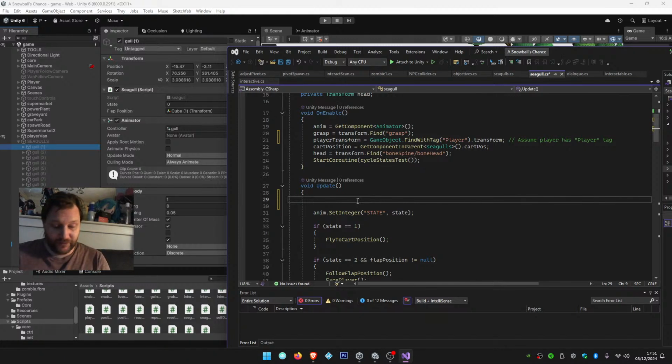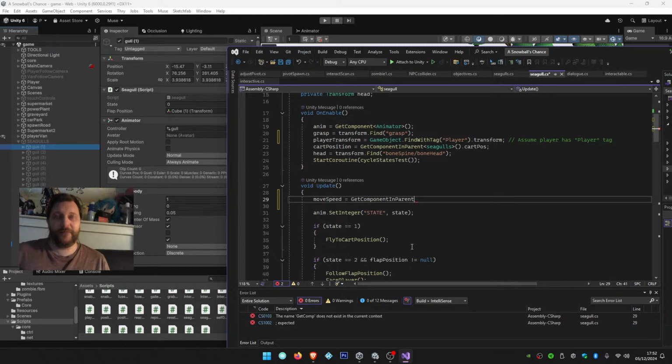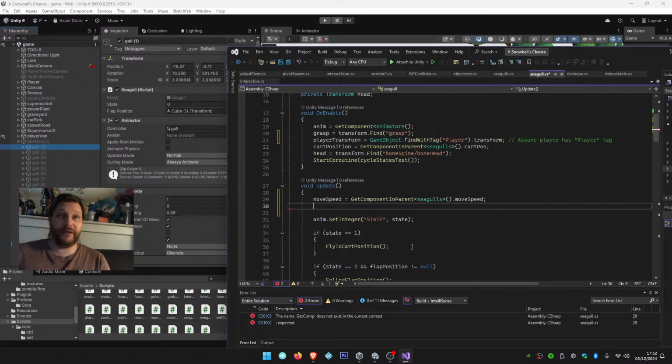So we can just do move speed equals get component in parent Seagulls, and then get the move speed, and same for rotation speed equals get component in parent Seagulls dot rotation speed.